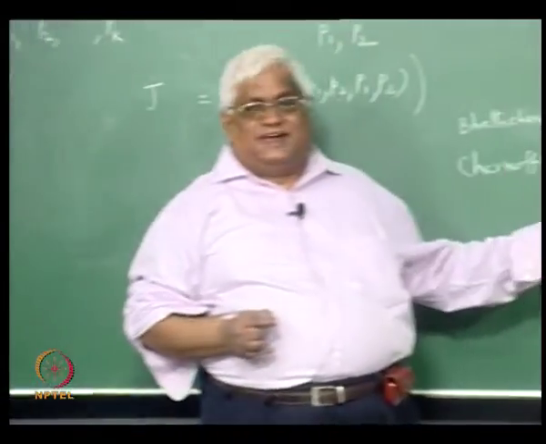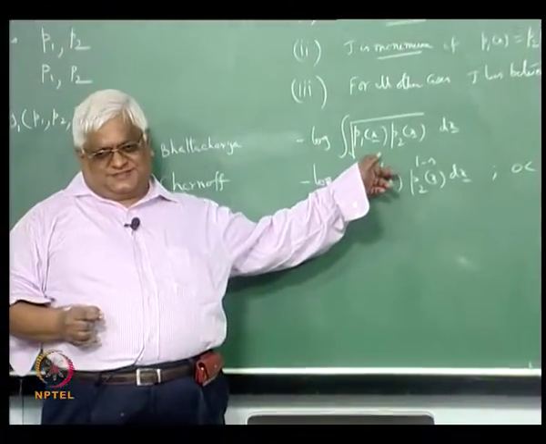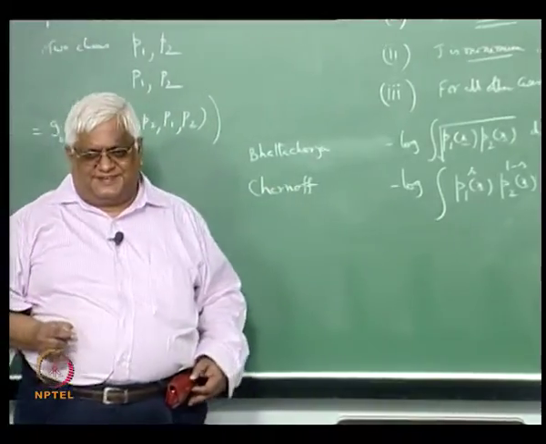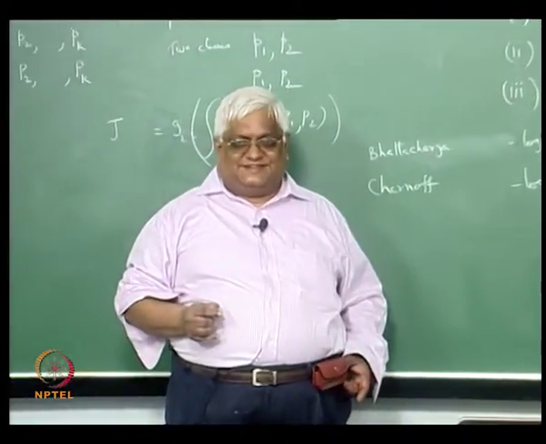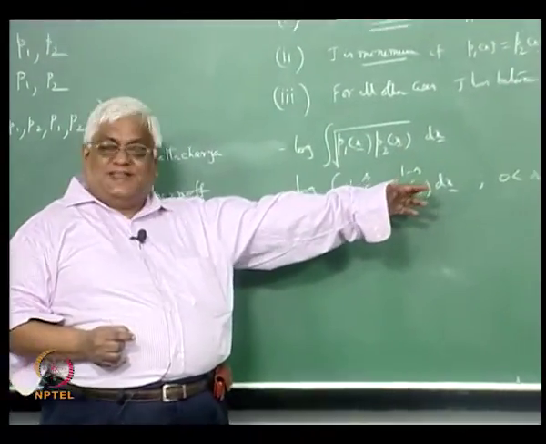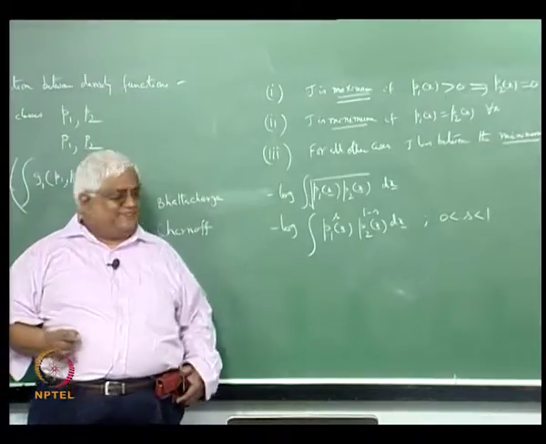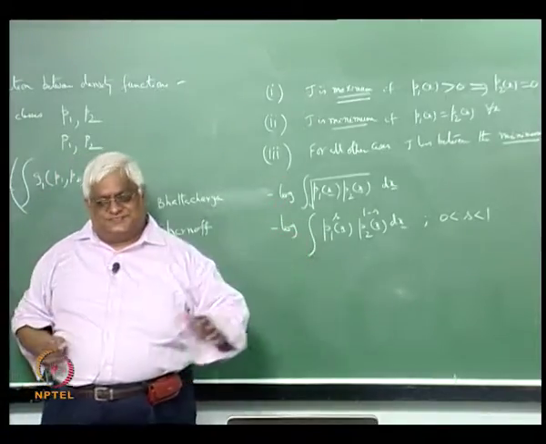As you can see here, if you put S is equal to half, you will get Bhattacharya distance, right. So, this was generalized, he took any S lying between 0 and 1. So, then you will get a generalization.